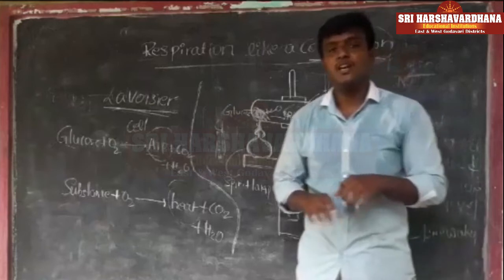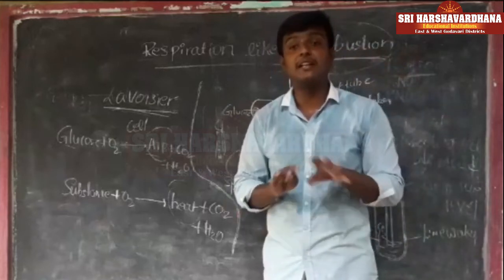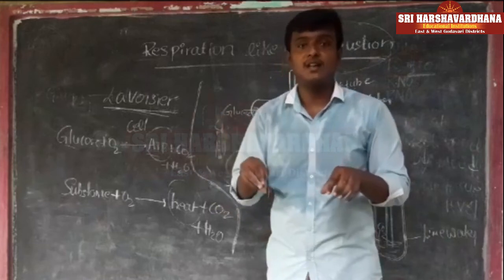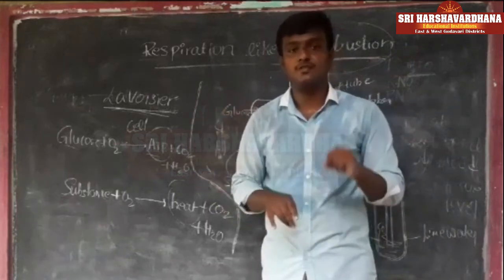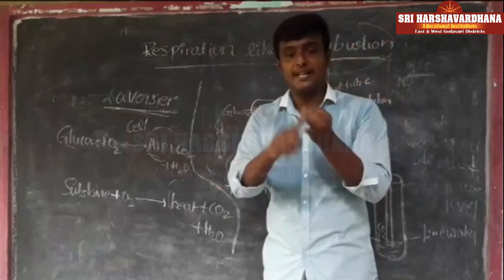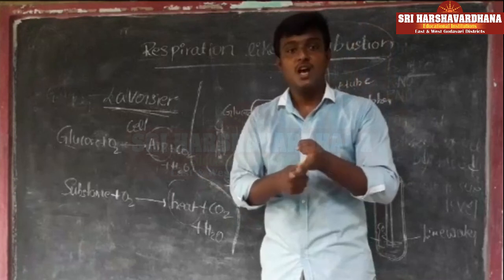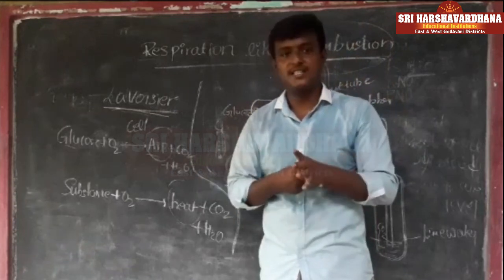So we have completed today animal respiration. Animal respiration means how the respiration process goes on in animals, and that is totally completed. From the beginning we discussed respiration, aerobic and anaerobic respirations, and what steps are involved, cellular, diaphragm, all that.